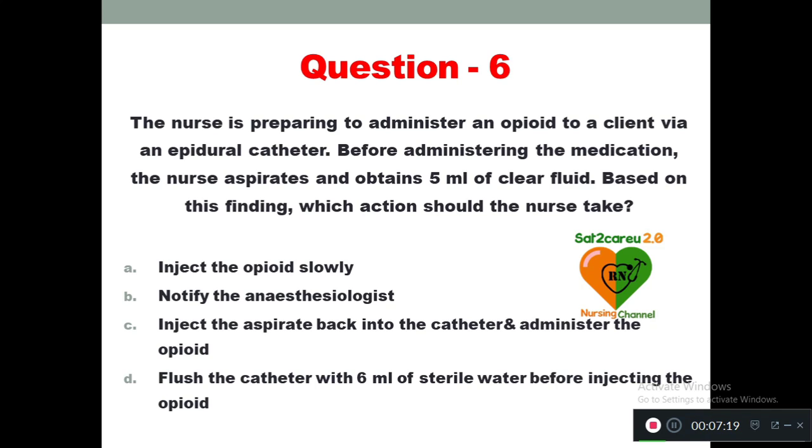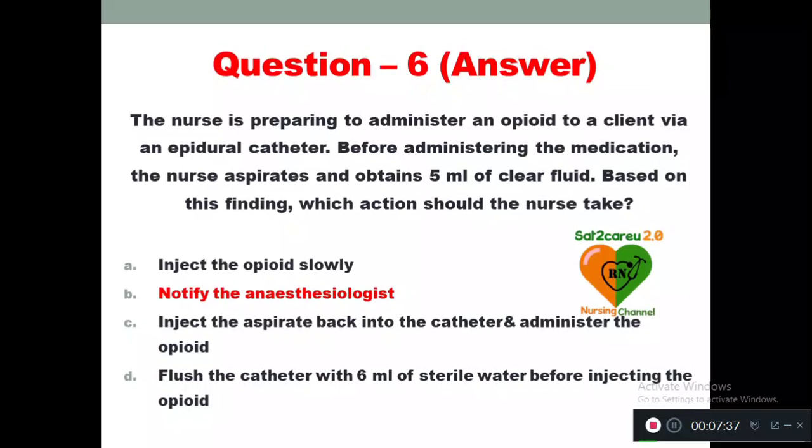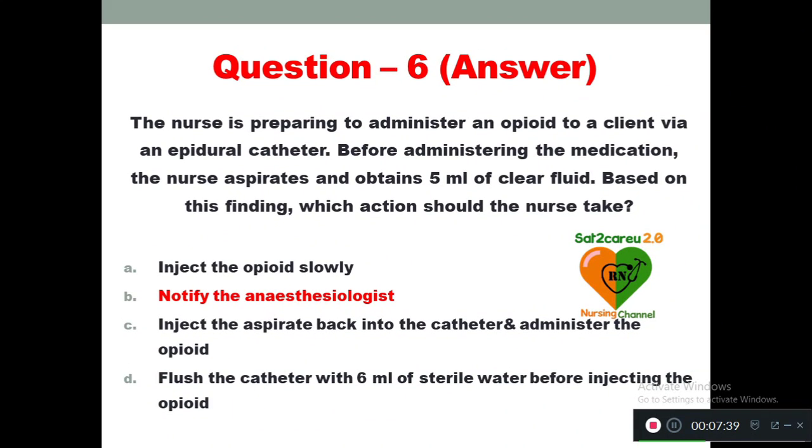So, the nurse is preparing to administer an opioid to a client via an epidural catheter. Before administering the medication, the nurse found the aspirated amount of fluid was 5 ml. It is a clear fluid. Based on this finding, the nurse's action should be option B, notify the anesthesiologist.